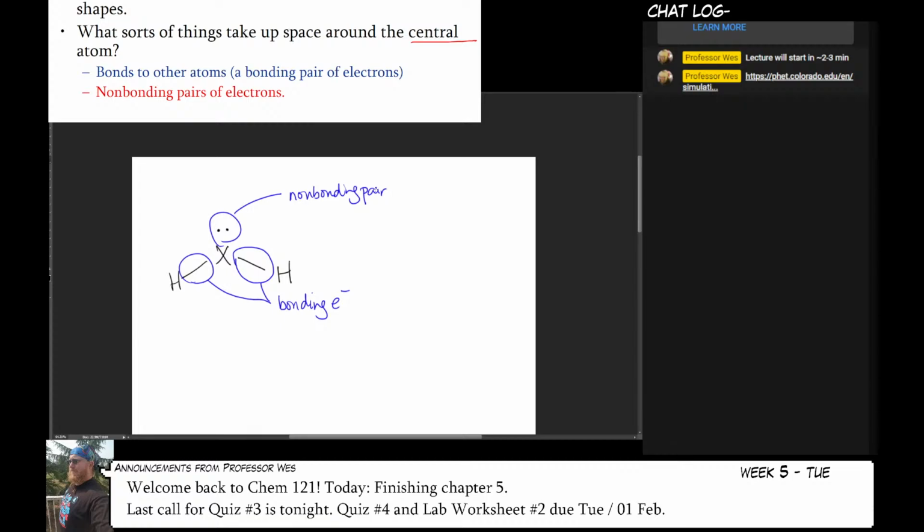And then what I'm going to do is I'm going to count, okay, how many different places did I circle electrons? And so I would say, well, there were 1, 2, 3. So I'm going to say there are 3 places with electrons. And what I'm going to call these is 3 electron groups.